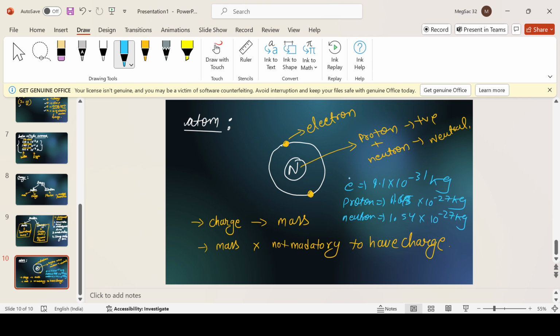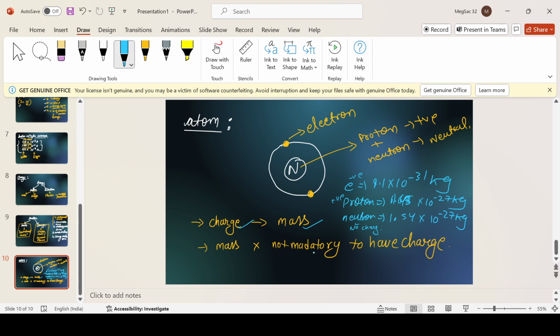But the electron has negative charge, the proton has positive charge, and the neutron has no charge. That means what has charge must have mass, that is compulsory, but what has mass need not have charge, that is not mandatory.